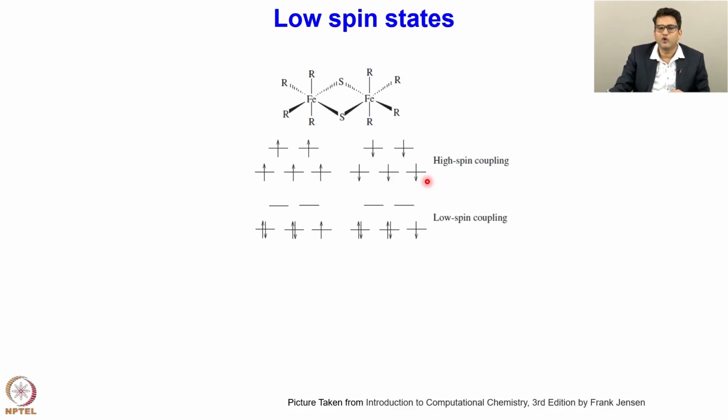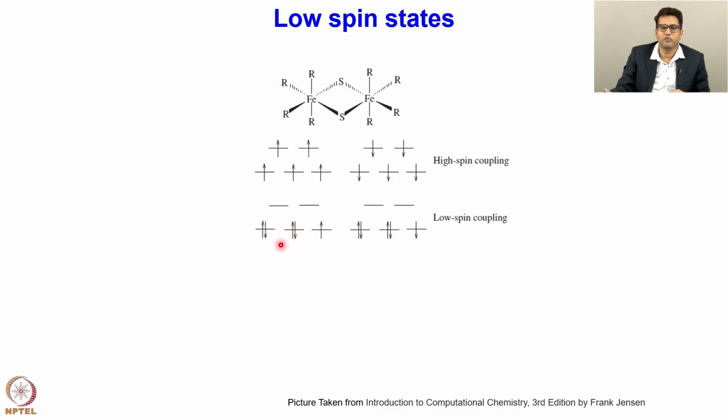But there can also be cases where two of the electrons in each of the irons are paired up. In this case also, when we couple, it will lead to a singlet state, but this we call a low spin singlet. Now, the problem is that here you see in the first two orbitals the electrons are coupled.